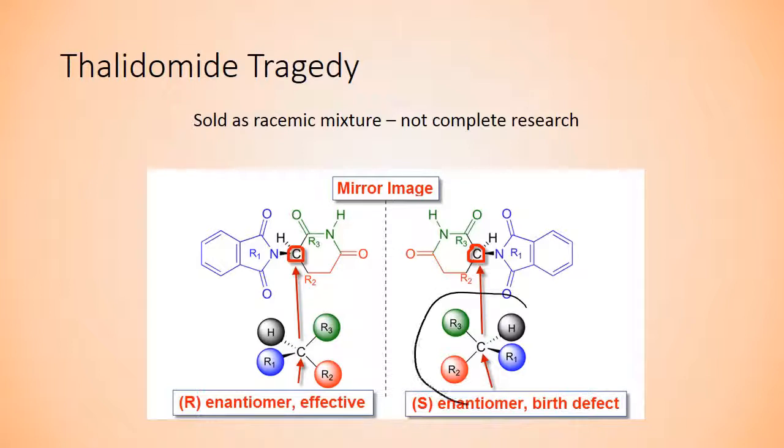So this reacted negatively with the baby. This had the ability to cross the placenta. This one is the effective version. And they did not do enough research when they were releasing this drug onto the market to know that this chirality would have a negative effect on women. Therefore, we have to go through and look at how much effect all forms of the same compound can have.